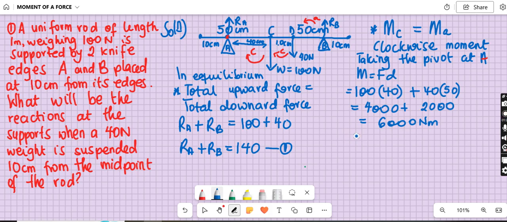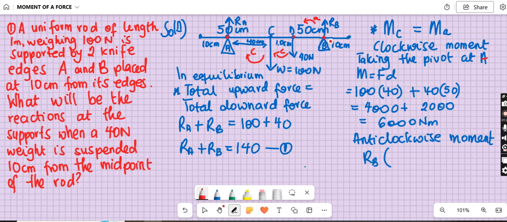Now let's look for the anti-clockwise moment. Using the same formula FD, in this case our F is RB, the reaction at B. We don't know it. What is our perpendicular distance? So we are moving from this reaction all the way to the point A. Let's look for the distance.